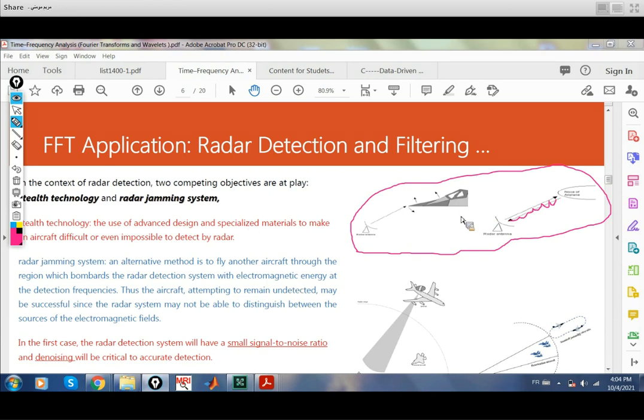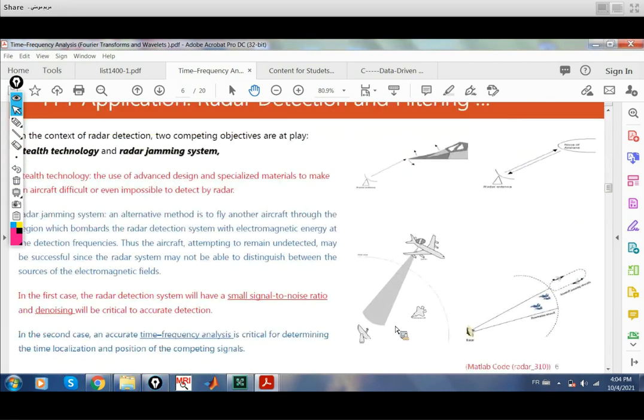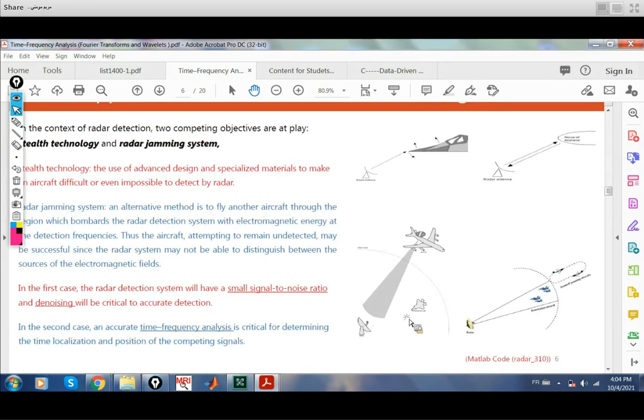Okay? And another thing in this field is a jamming system. For instance, imagine this airplane was our desired object.